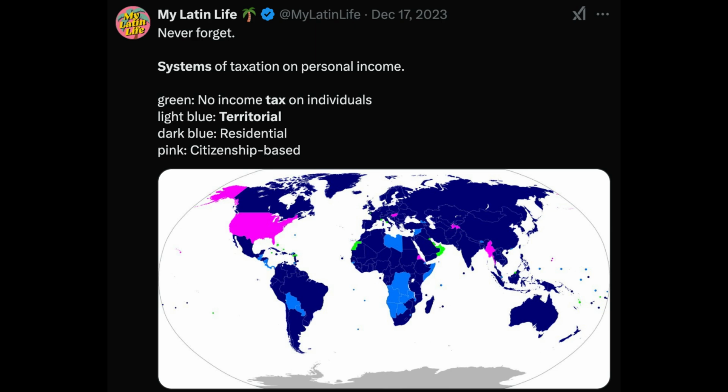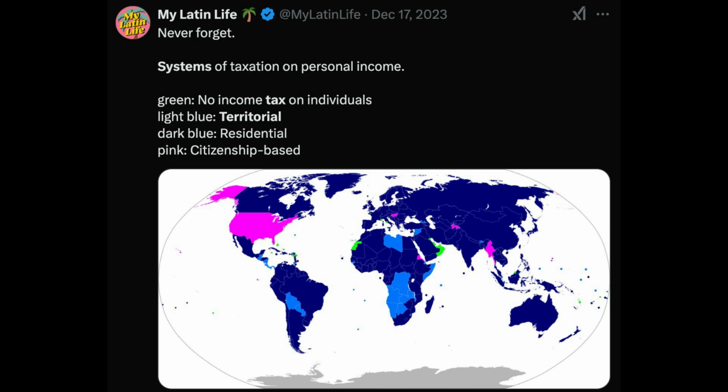You can live in a territorial tax country, say in Latin America, and then you'll probably be earning your money outside of Latin America and probably won't owe any tax in a lot of situations, right? And it helps simplify things. For those living or working in multiple countries, it simplifies tax obligations since you're really only concerned with local income in each country. And this can factor into your relocation decisions.